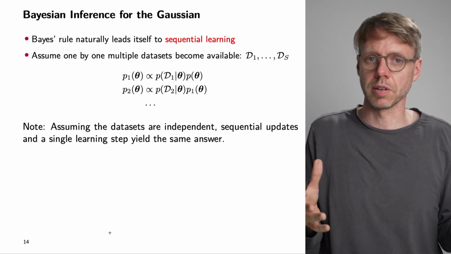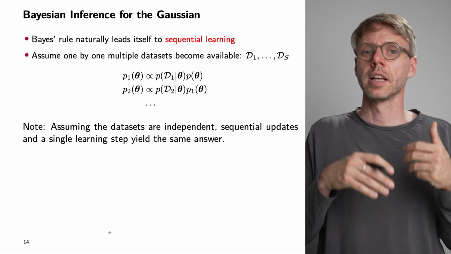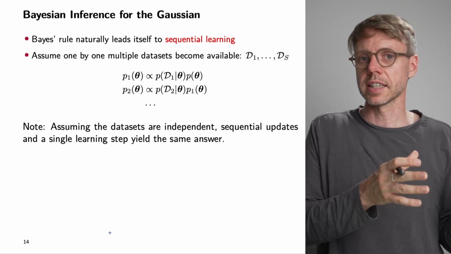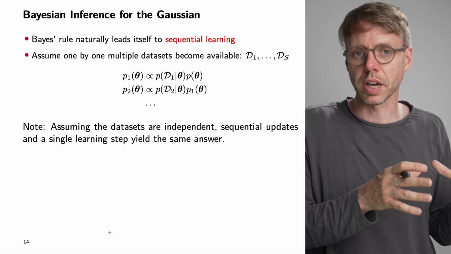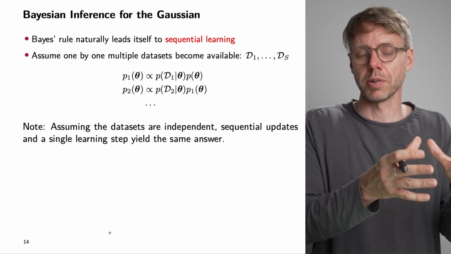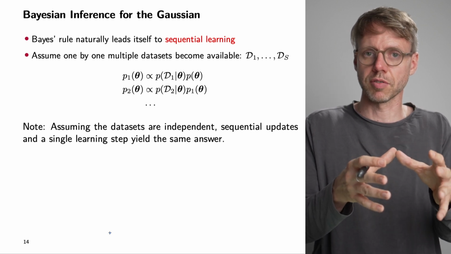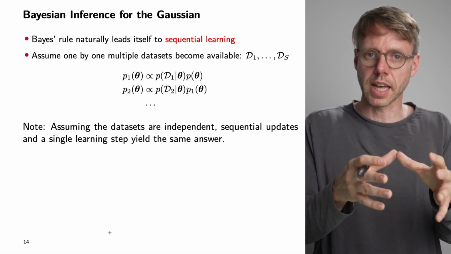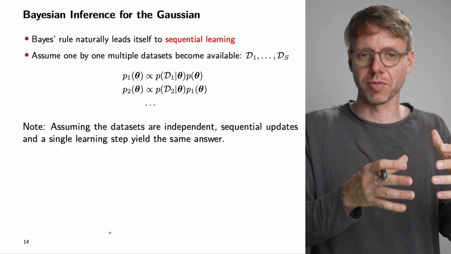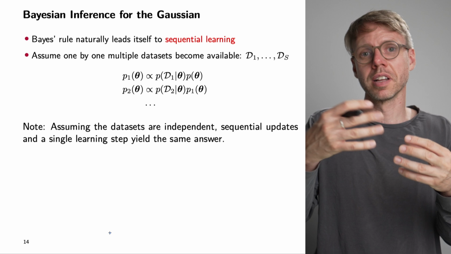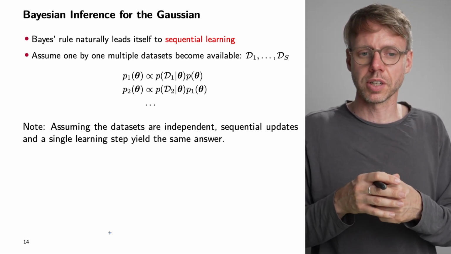So what is a sensible value range of a parameter, such as the mean of a Gaussian distribution? Then you observe a data set. You use this so far not very informative prior to compute a posterior, which is, of course, much more informative because it contains information about data, and use that as a prior distribution, because it has the same functional form. It's, again, the conjugate prior of your normal distribution of your likelihood.